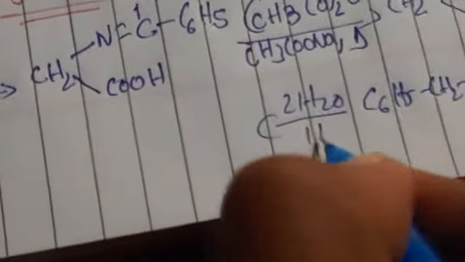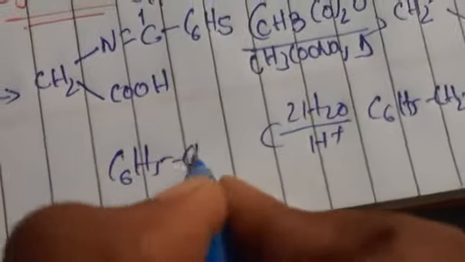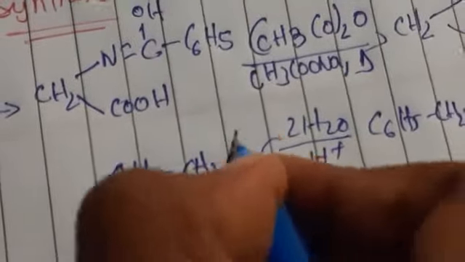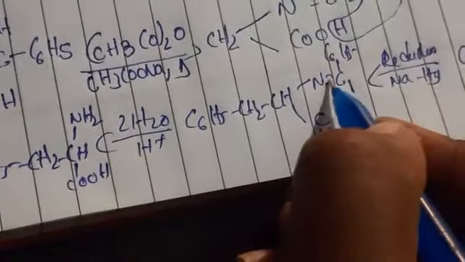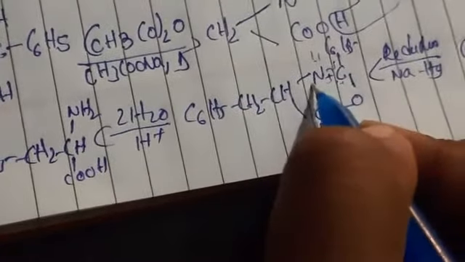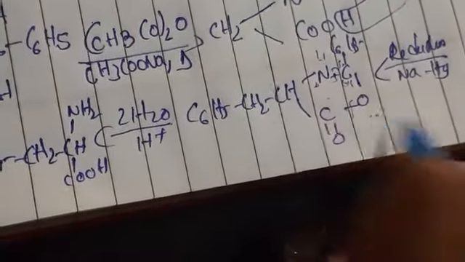So in the presence of water, 2H2O and acid, you will be getting the molecule C6H5 CH2 CH NH2 COOH. So automatically, if we break this bond, here H, here H, and another bond, here H, here H, then automatically OH and OH you will be getting, here OH and H molecule, like that.